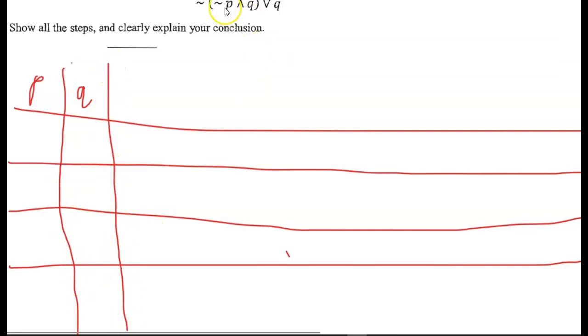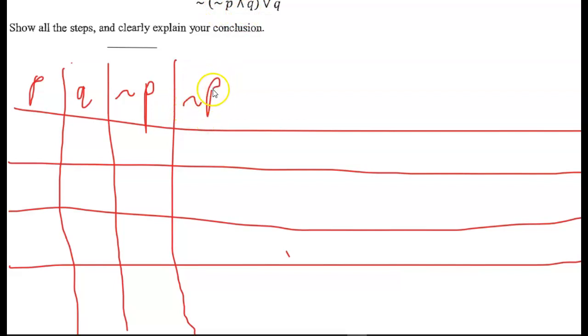Now because over here we have not P, we can just write not P, and we have Q. We need not P and Q, this one in the brackets.